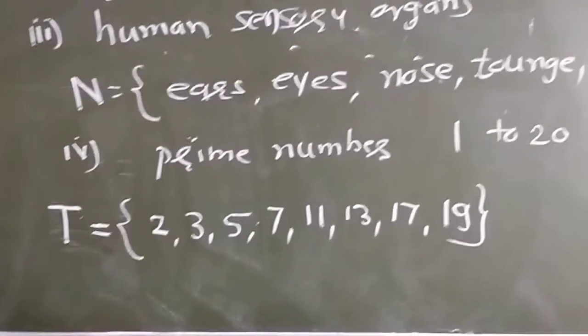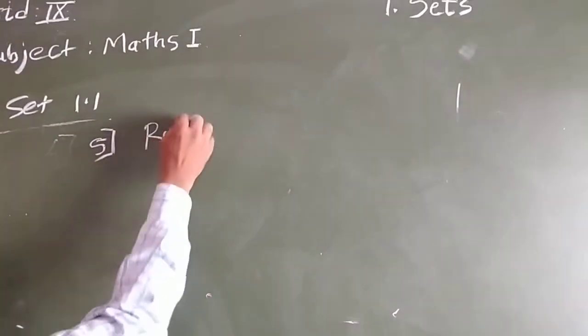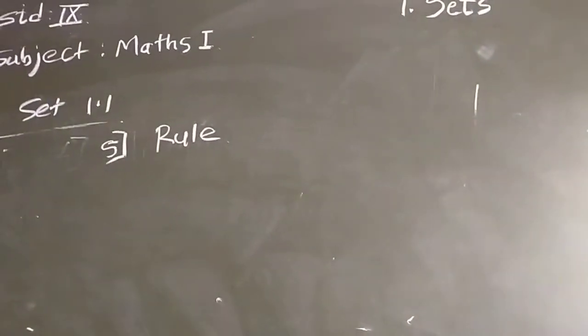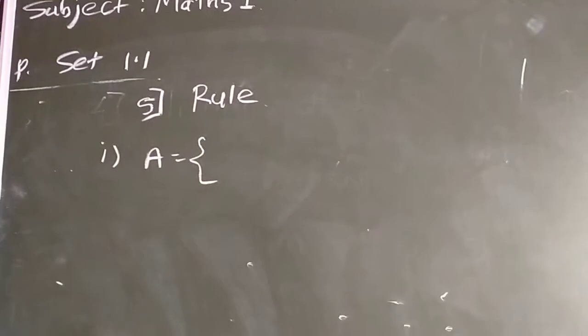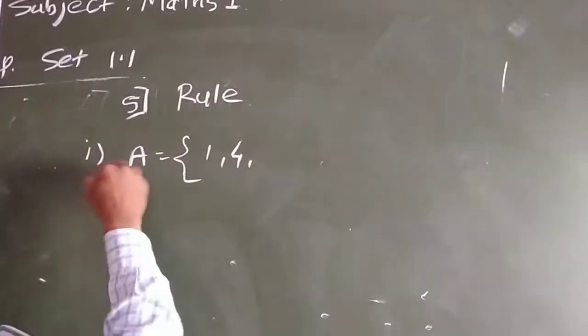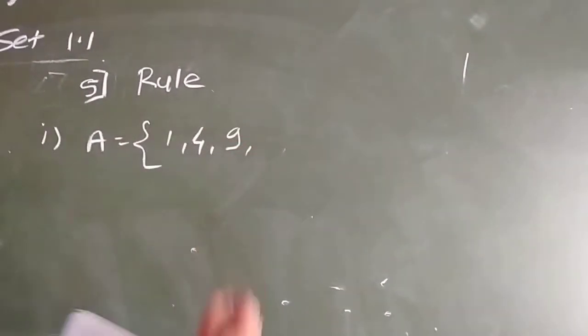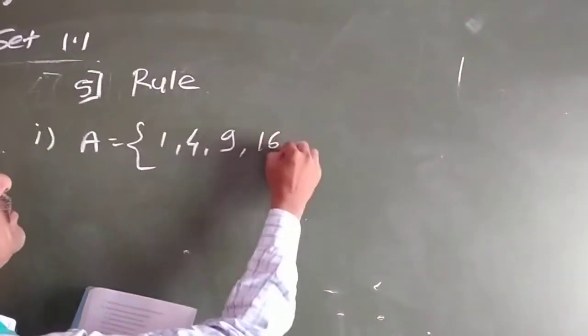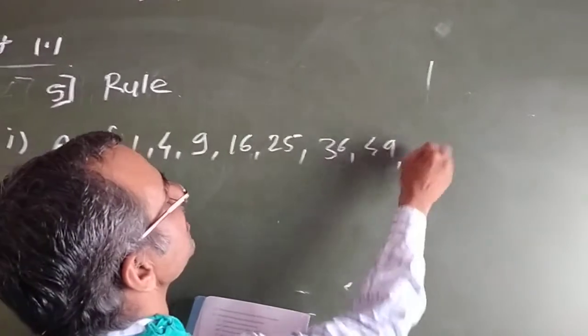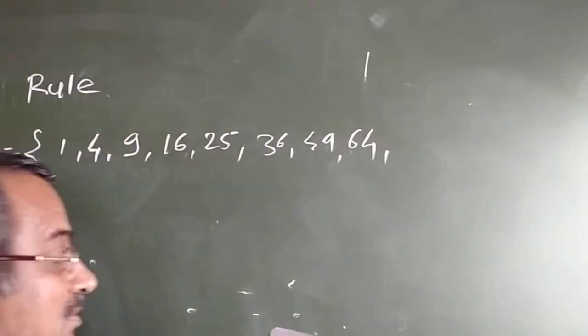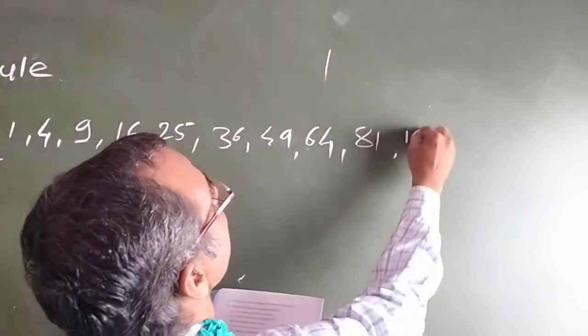Okay, then question number 5. Write the following sets by using a rule method. First, A: set A contains 1, 4, 9, 16, 25, 36, 49, 64, 81 and 100.